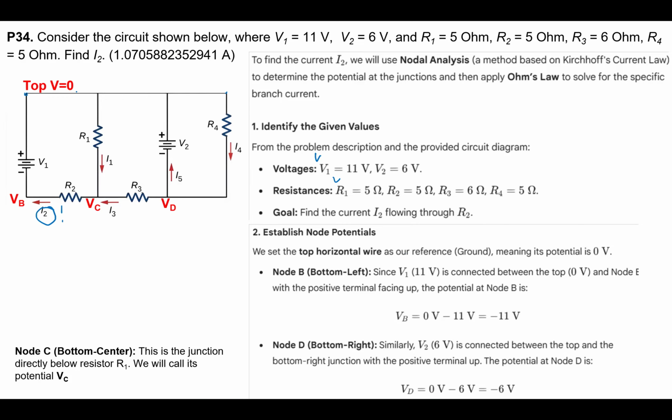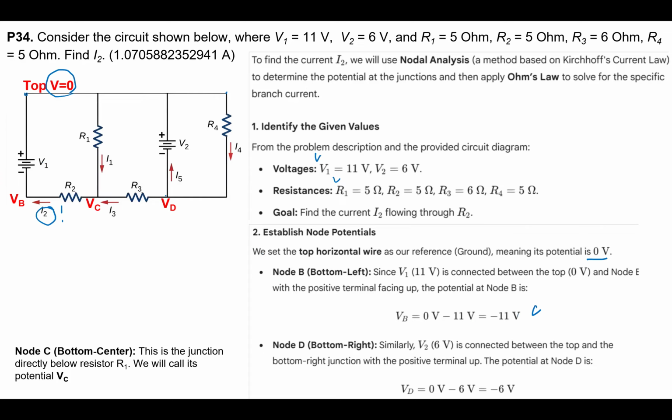So it would be better to set this as V equal to 0 rather than this part, okay? So we are going to set this to 0 volt, and then the node B, bottom left here, is 11 volt below, so you should have minus 11 volt. VB is minus 11 volt here.